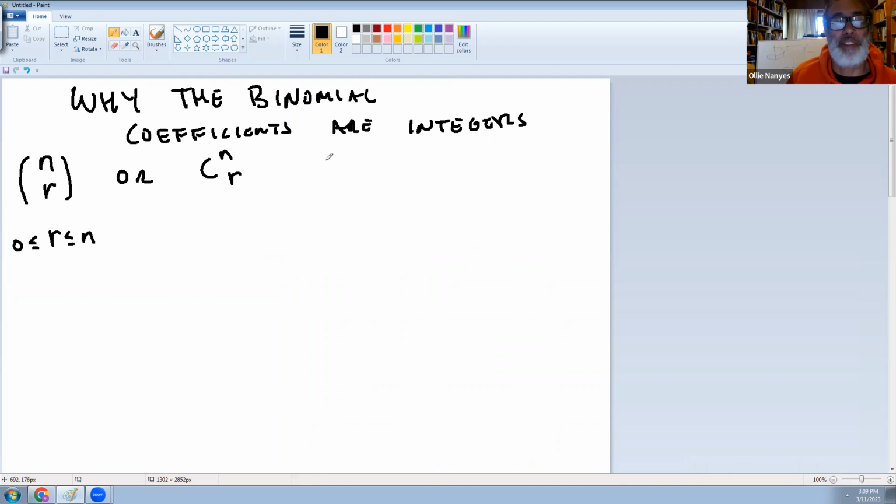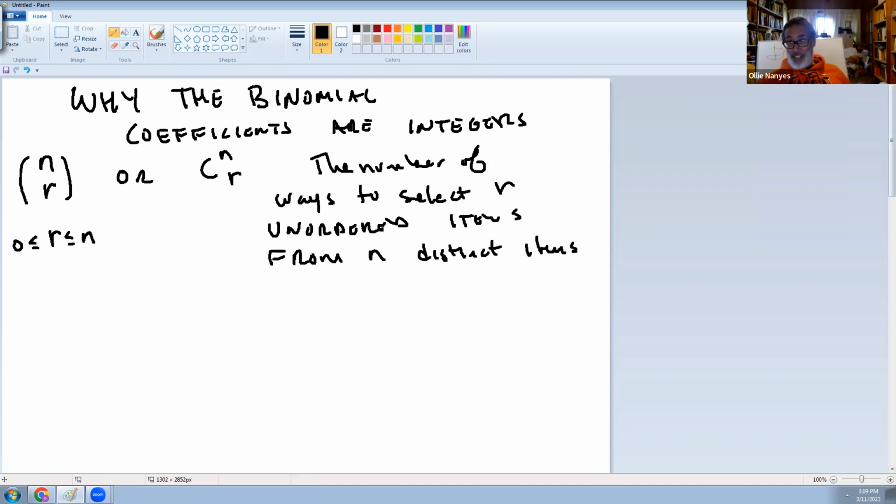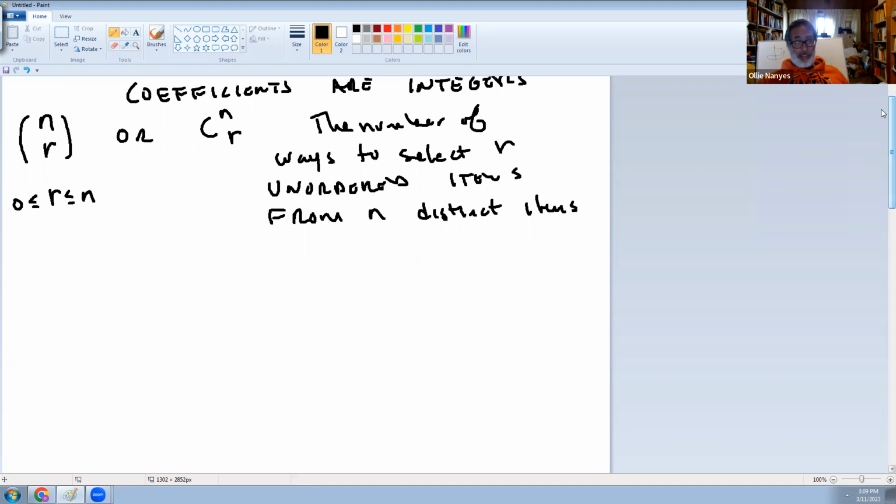And it's often described as the number of ways to select r unordered items from n distinct items. Okay, that's a standard way it's described.